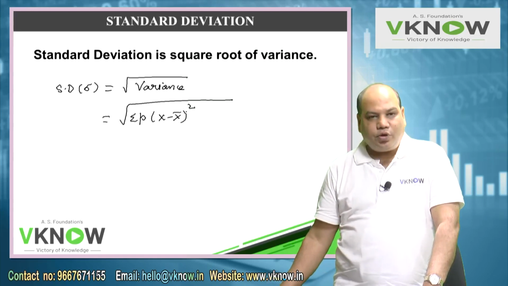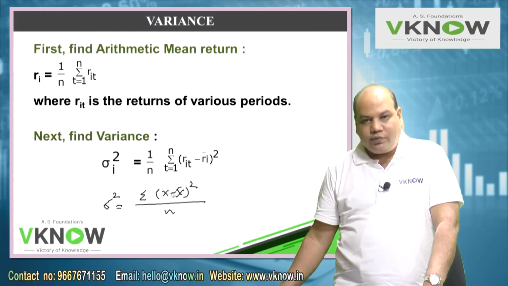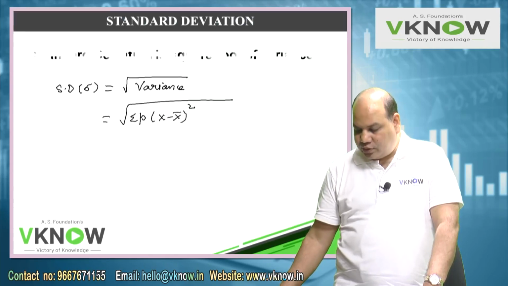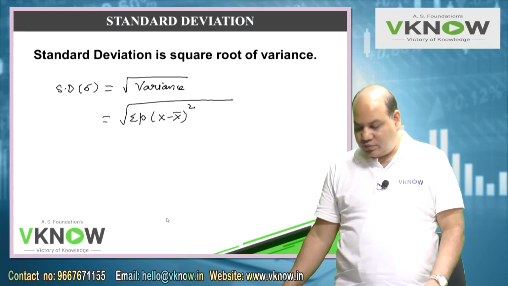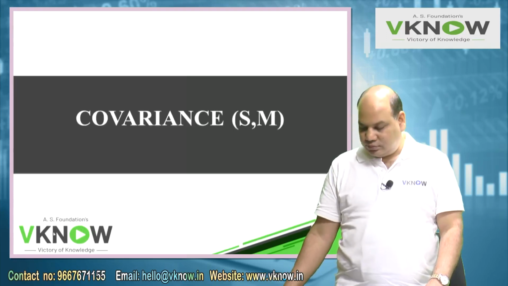So if number of observation, past data is given, use the previous formula. And if the expected data is given, probability distribution is given, future data is given, ex ante data is given, then use probability based formula under root summation p into x minus x bar square.